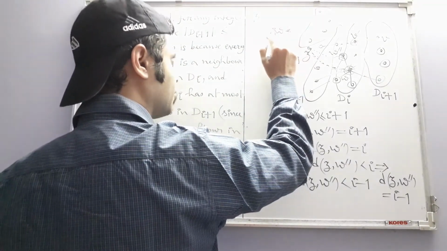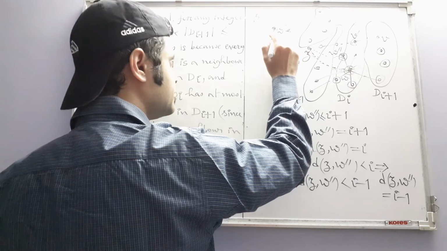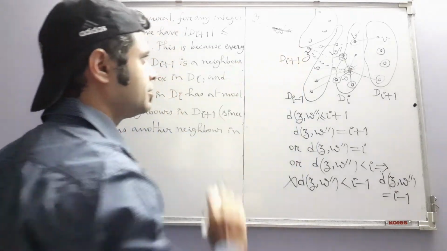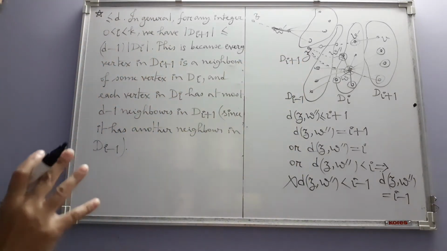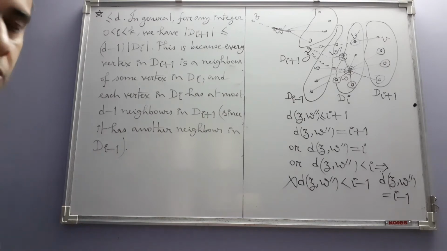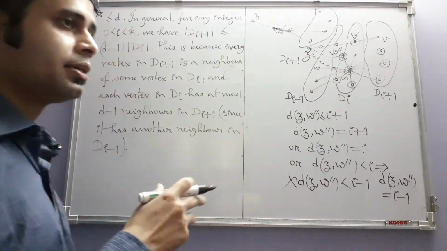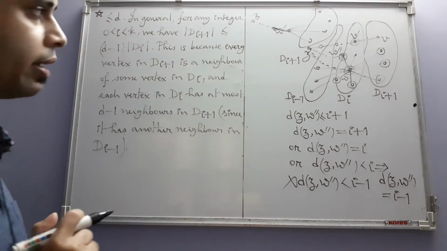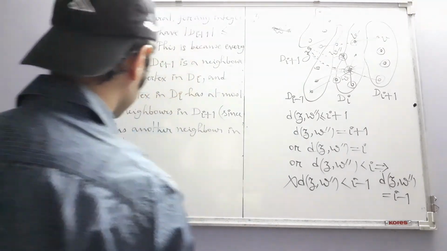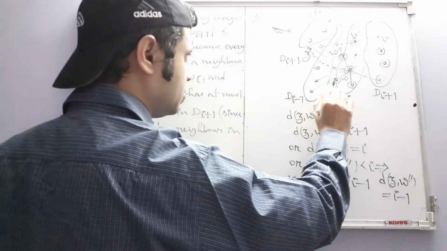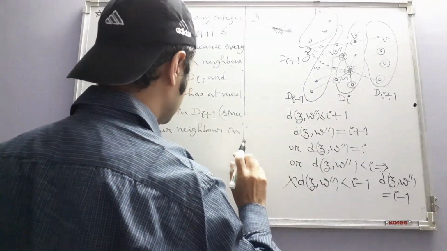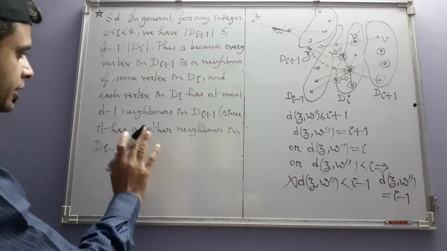It will be that vertex which is lying in this path and which is adjacent to W prime. It must belong to di minus 1, because that is a path joining Z and W prime of minimum possible length. So that's why. I myself keep forgetting this thing.